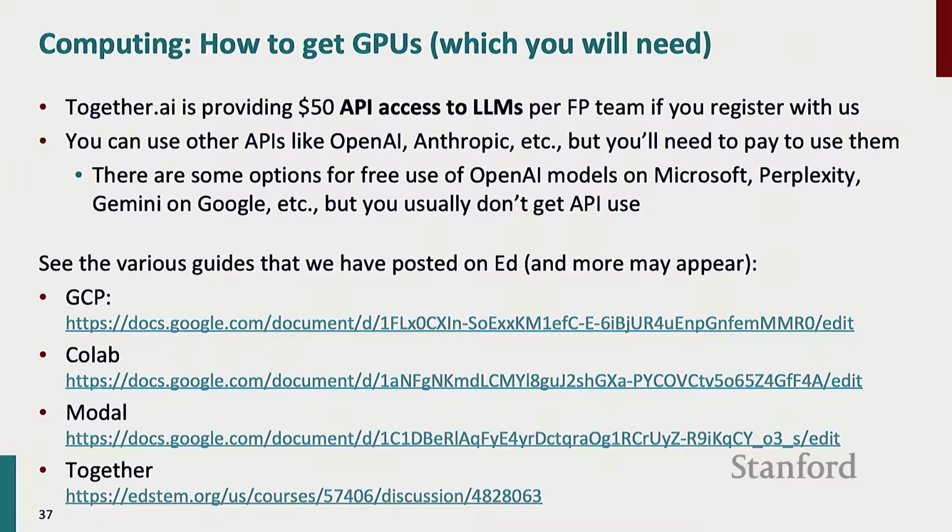So another thing that we have been able to get is through the generosity of Together AI, that Together AI is providing $50 of API access to large language models, which can actually be a lot. How much of a lot it is depends on how big a model you're using. So something you should think about is how big a model do you really need to use to show something.